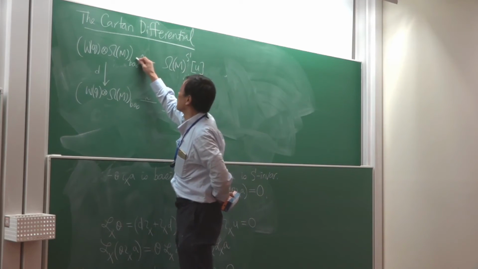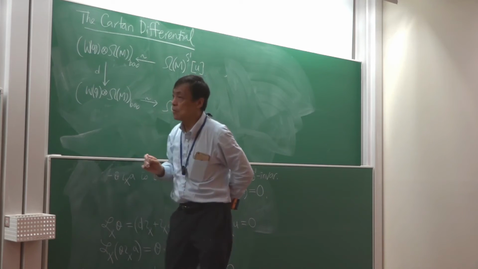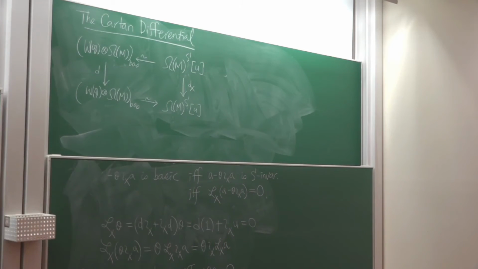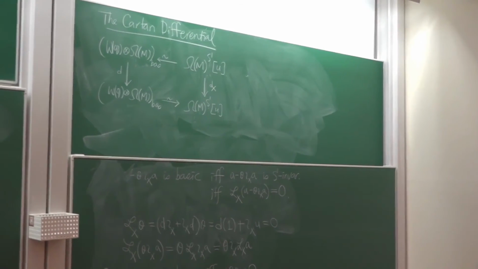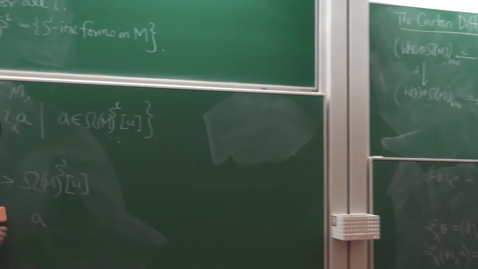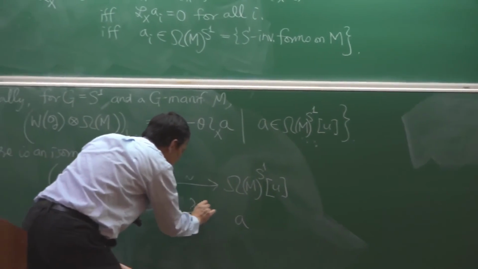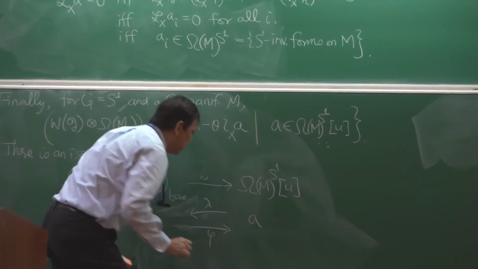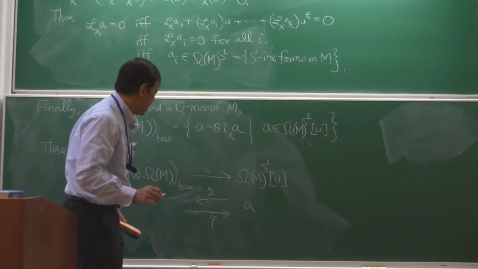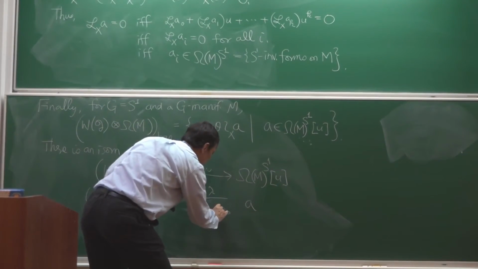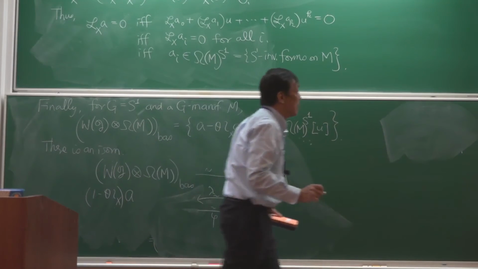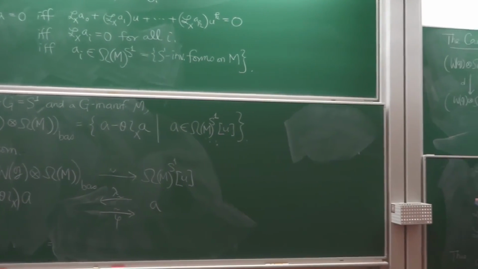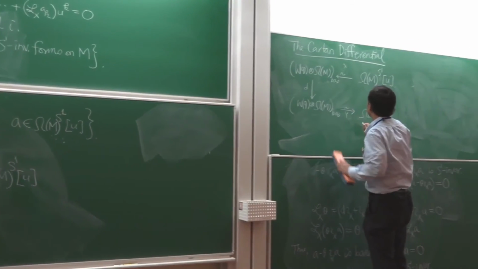Okay, so let's call this map lambda. And then when we come back, let's call it phi. So this is lambda, this is phi.